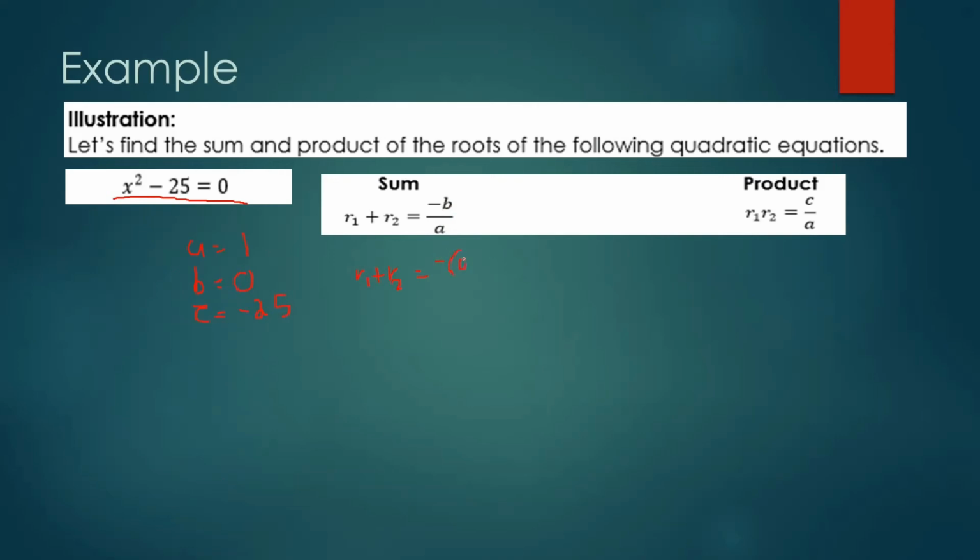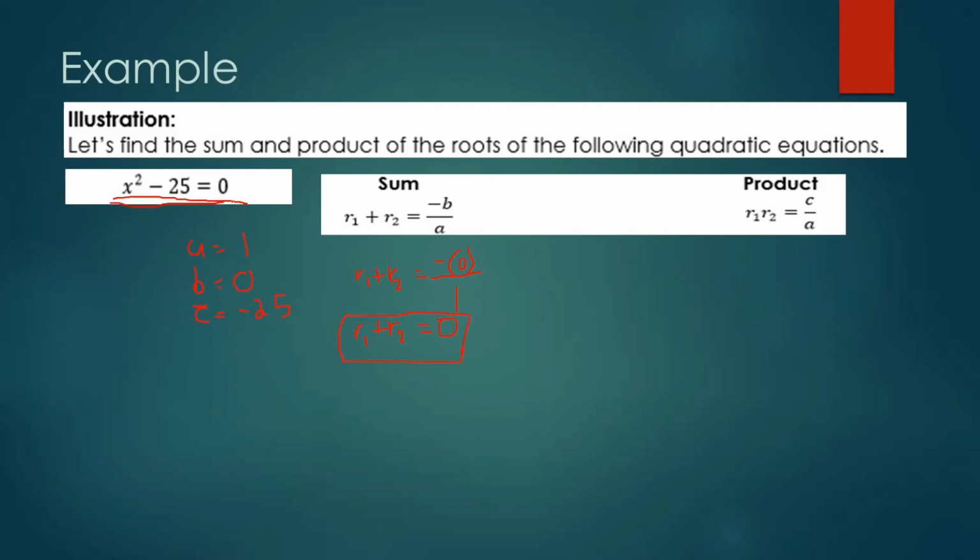And then, substitute the value of a, which is 1. And when we simplify this negative 0 over 1, it becomes 0. Because anything we divide 0 by, the answer is 0. So, the sum of our roots in this equation must be 0.